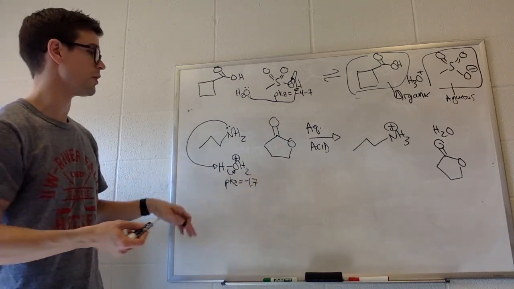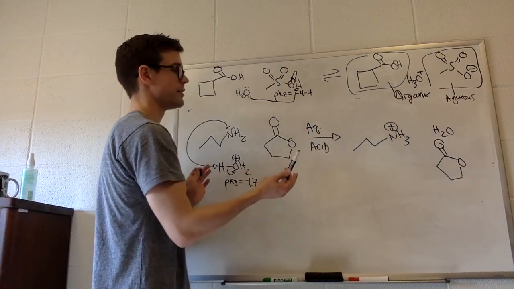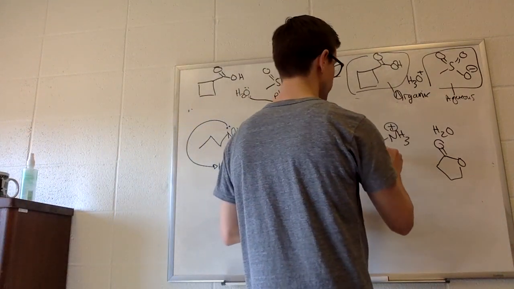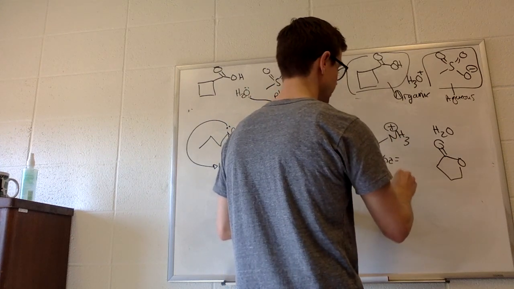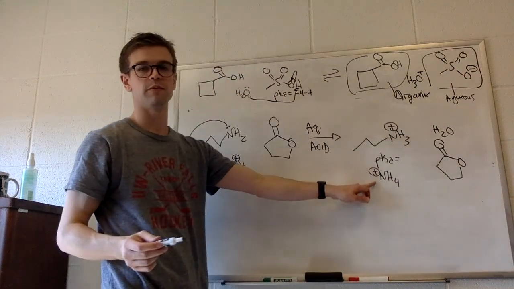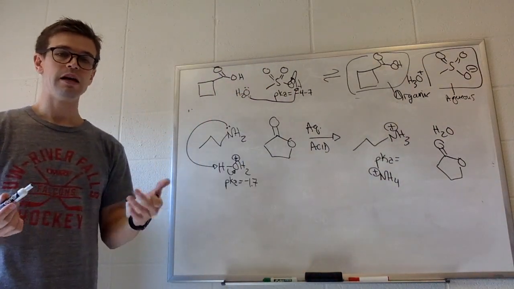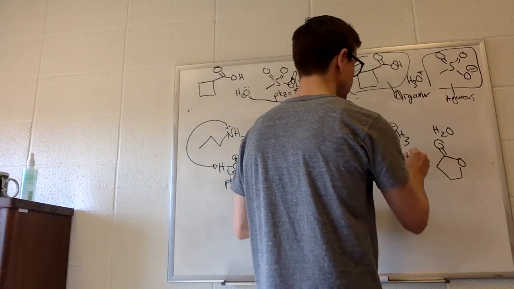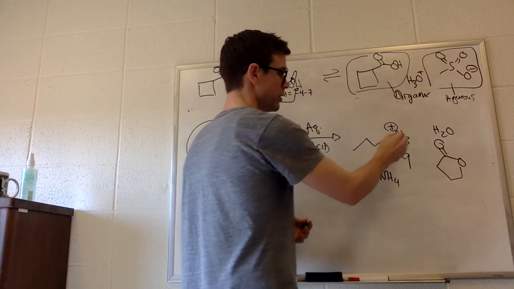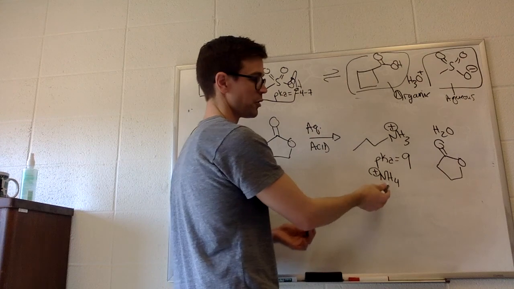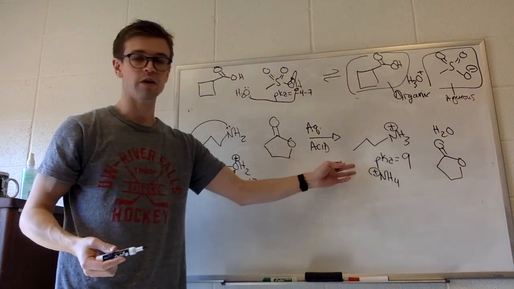So it will deprotonate that, and we can say, what side is the equilibrium going to be on? Well, if we look at the pKa of NH4+, one that we've looked at quite a few times before, NH4+ is 9. This is going to be really close to that. It's a nitrogen with 4 bonds, 1, 2, 3, 4. So it's going to have a similar pKa.